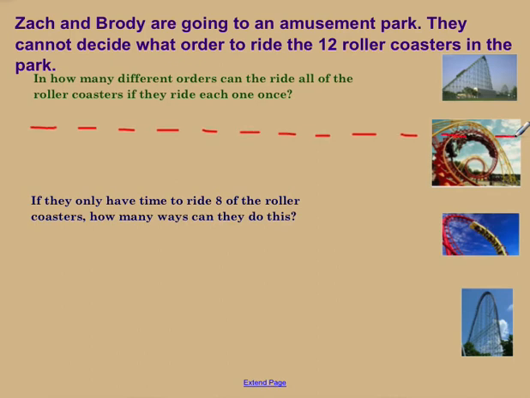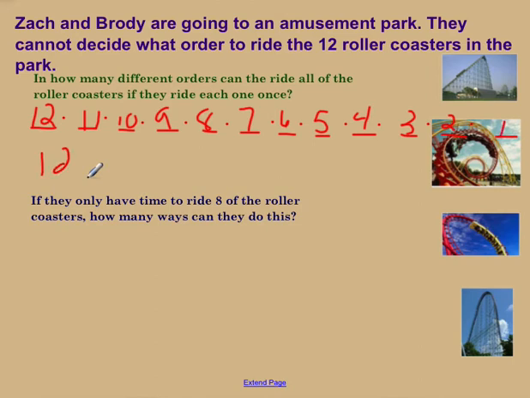So when we first get to the amusement park, we have 12 roller coaster options. And then we go on one, now we only have 11. And then we have 10, and then we have 9 and 8. So really, again, this is going to be going down by 1 all the way down to 1. So this word problem, at least this first part, represents 12 factorial.